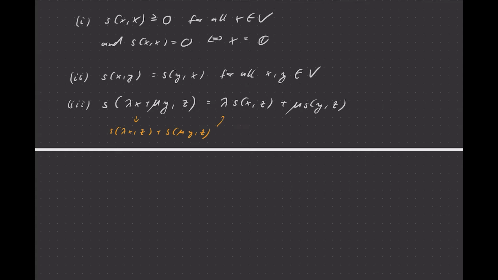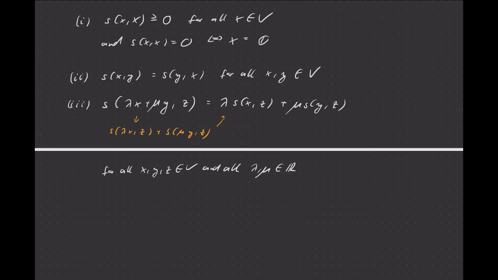And you get that. You can also take out the scalar lambda and the scalar mu. And that needs to hold for all x, y, z in V, and all lambda, mu in the reals.